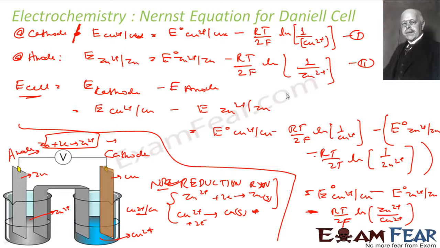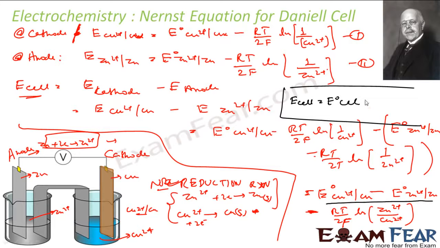So the final equation we got here is E cell equals E naught cell minus RT by 2F ln of Zn2+ by Cu2+. So that is my Nernst equation, and it gives a very good picture.